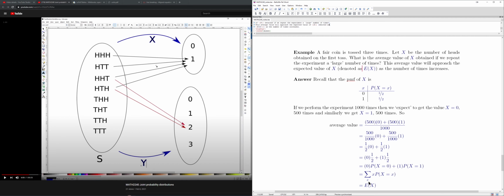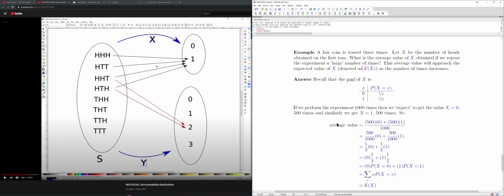The point I want to make is what expected value is. You can approximate it: if you take your experiment and do it a large number of times, say 1,000 times, and take the average of the values of the random variable that you get, then that average would be equal to the expected value. Here the average worked out to be exactly equal to the expected value, but in reality the average you would get would be close to the expected value.